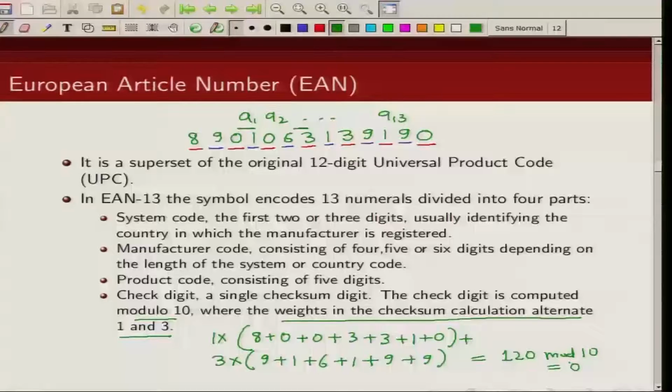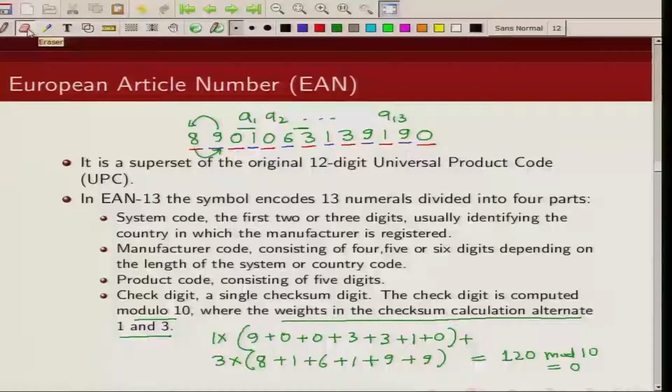So, you can see from the examples that we have done so far, the last bit in all these is our check bit, which can be used for error detection. Now, this code can also easily find out a transposition error. For example, if these 2 bits had got exchanged, then this would have become 9 and this would have become an 8, so this sum would have changed.